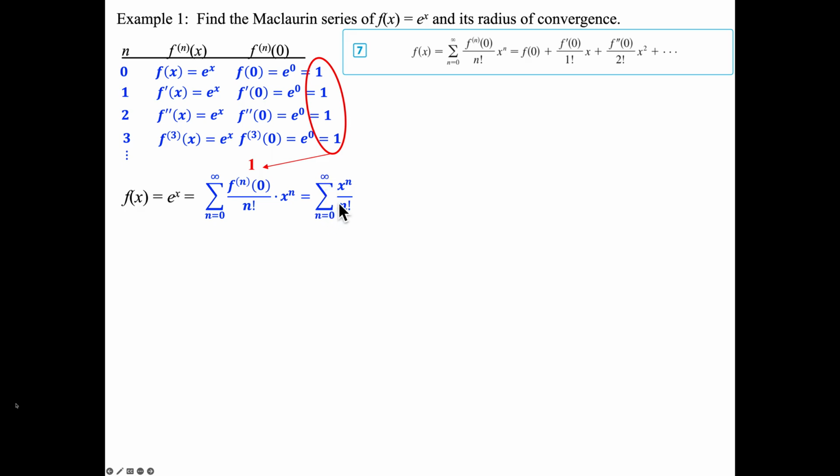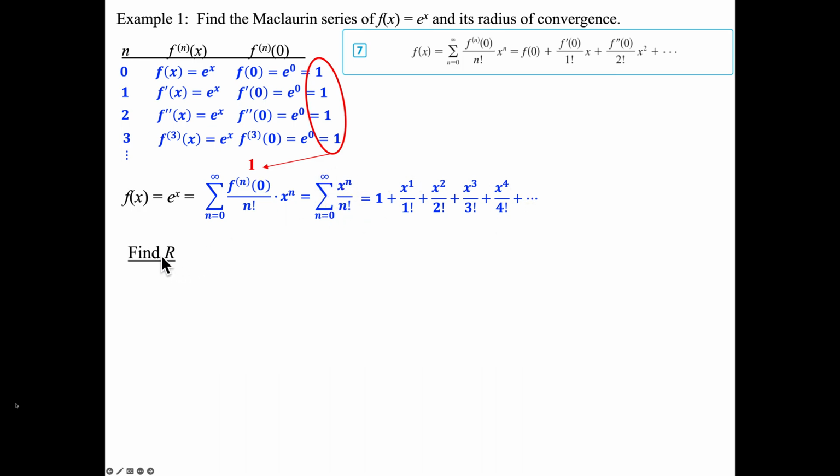So put in a 0: x to the 0 is 1 over 1 factorial, that's a 1. Now plus x to the first over 1 factorial plus x squared over 2 factorial plus x to the third over 3 factorial plus x to the fourth over 4 factorial. And that continues on. So this would be my Maclaurin series.